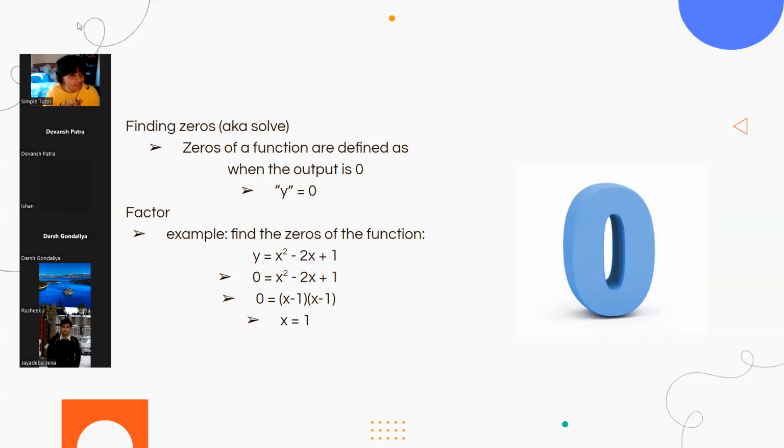So at time x equals 1, the output, whatever it could be, distance, weight, etc., is 0. So a quick practice again, take 3 minutes, find the zeros of this function by factoring. And I'll call in one of you guys in 2 minutes.